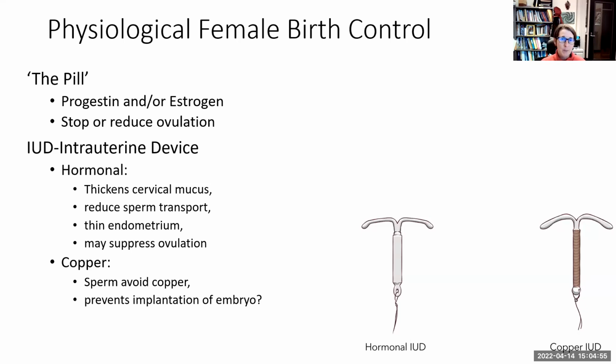But the pill is either just progestin or a mixture of progestin and estrogen. And now, can you see why that works? Aha. If I keep progestin and estrogen elevated, I'm going to stop ovulation. We'll get to the progestin-only pill in a second.